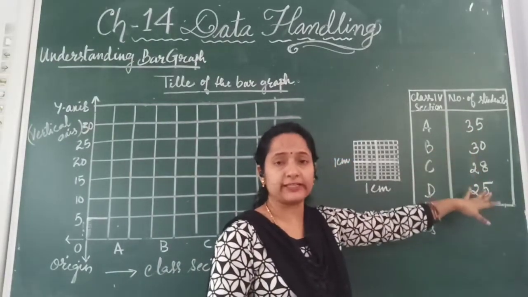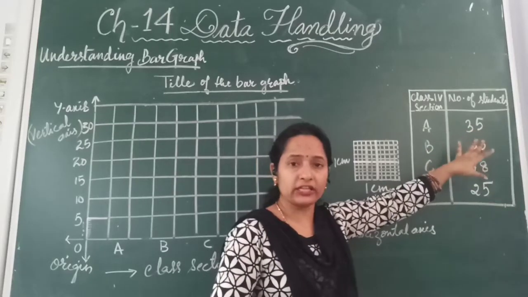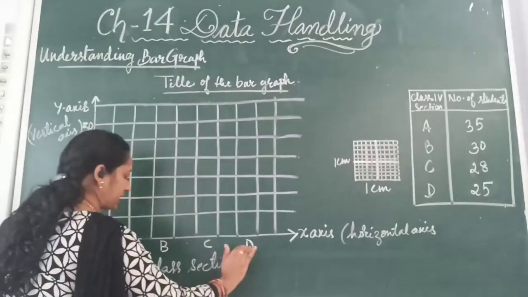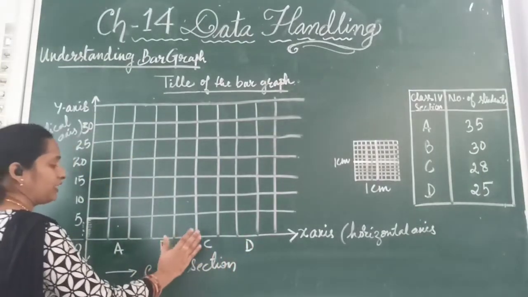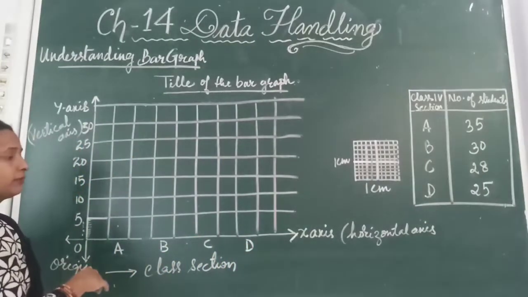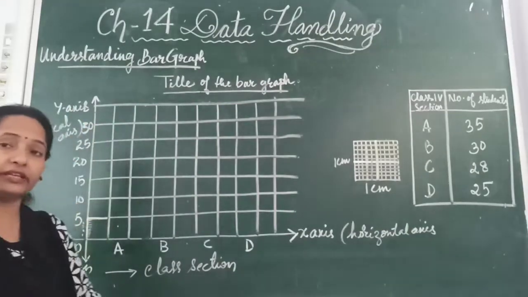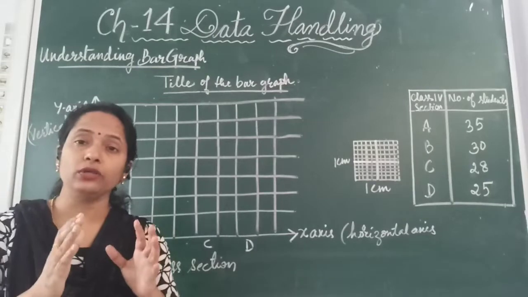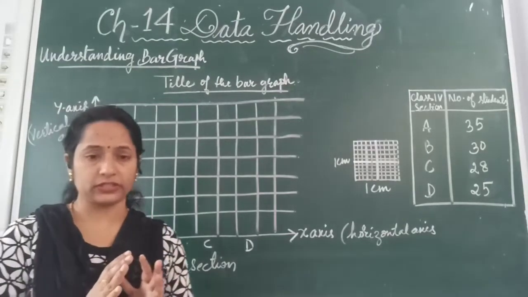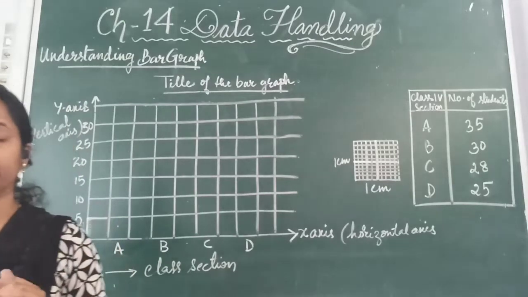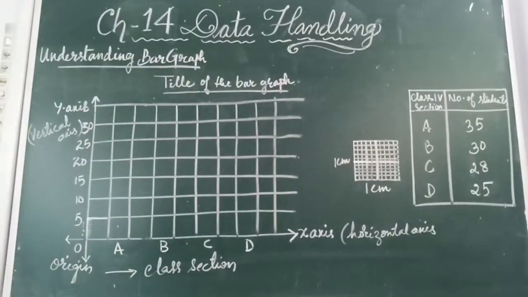If you take this numerical data along the x-axis, then you will get a horizontal bar graph, and if you take it along the y-axis, then you will get a vertical bar graph. How? That I will show you afterwards. But before this, let us know more about the bar graph.